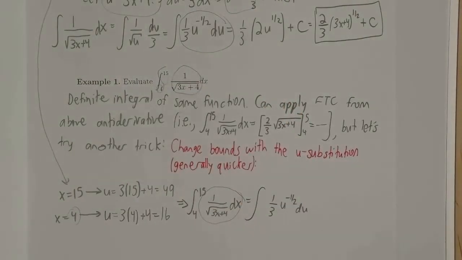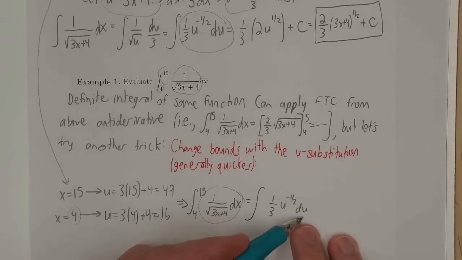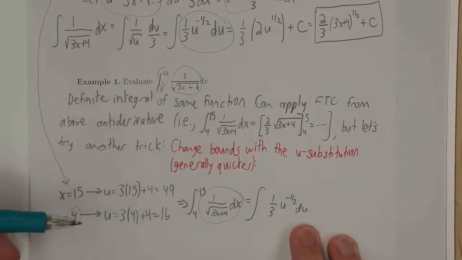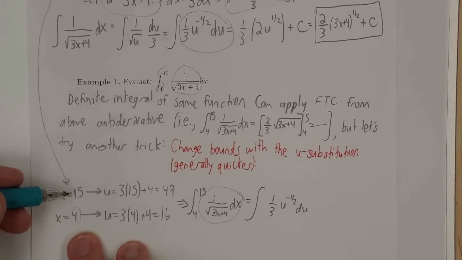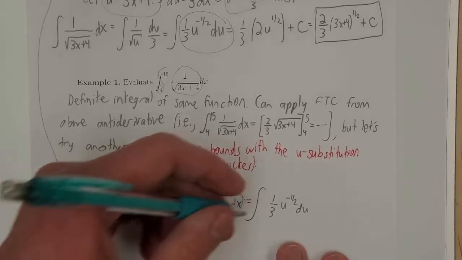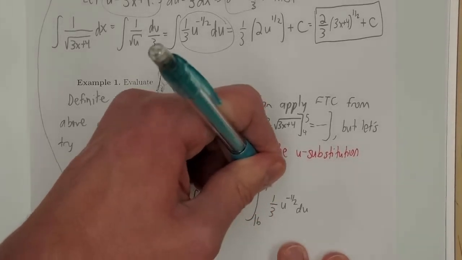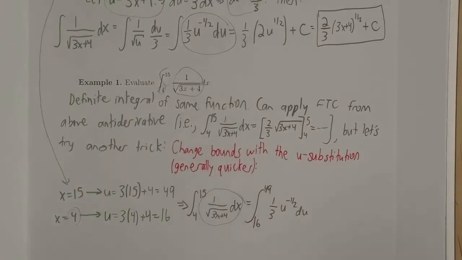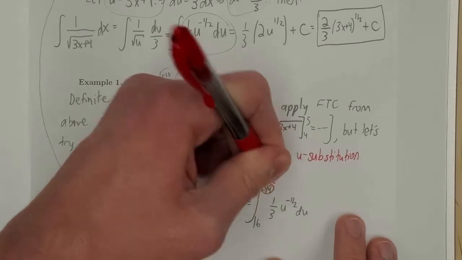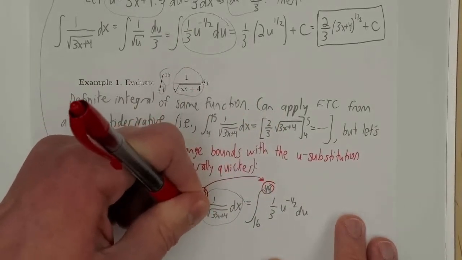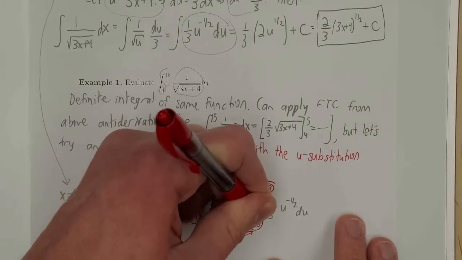Nothing there changes. But because now we're working in terms of u and du, our bounds must also be in terms of u. So instead of 4 to 15, we now go from 16 to 49. Each bound gets changed to its corresponding u value.